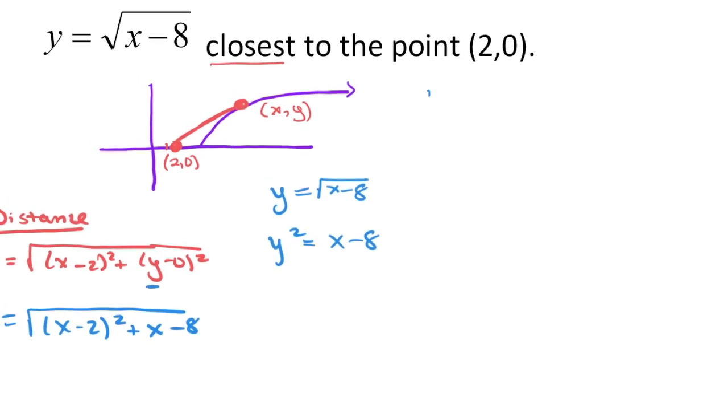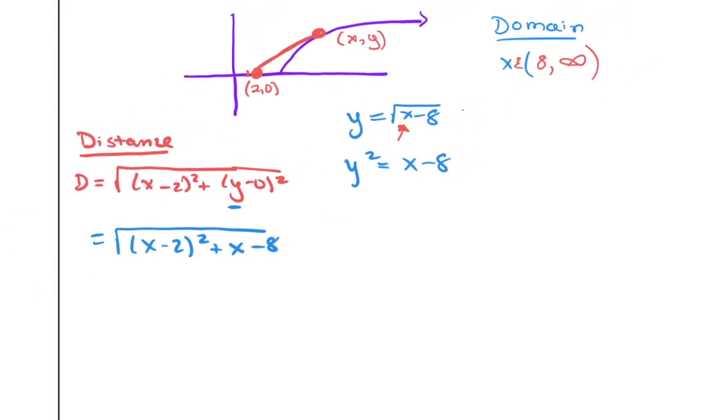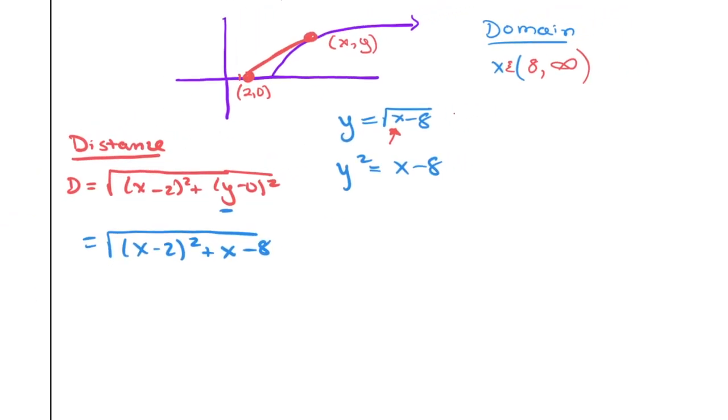So the domain for this distance uses your x values. The smallest x value that you could possibly have in this problem is 8. And so we're going to go from 8 to, now think about your biggest x value, that's going to go to infinity.